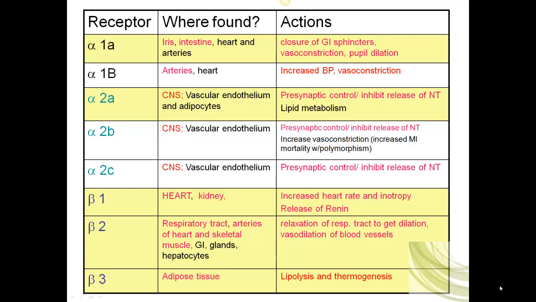Alpha 2 receptors, when they bind the adrenergic signal, they actually inhibit further release of neurotransmitter. They inhibit the release of norepinephrine. So these are found on the terminal bouton of the neuron that's targeting the effector.